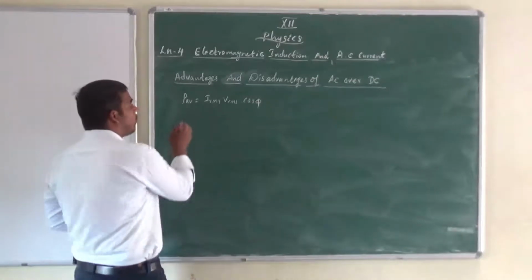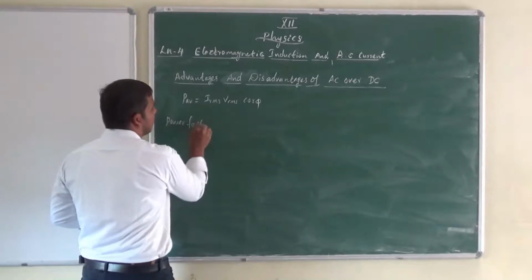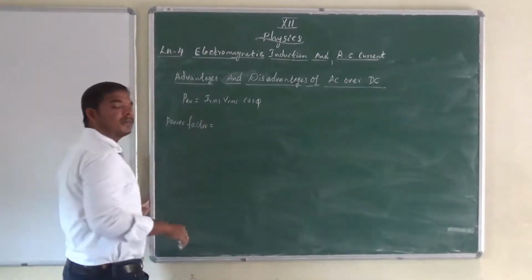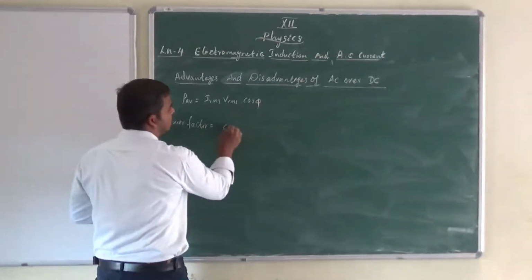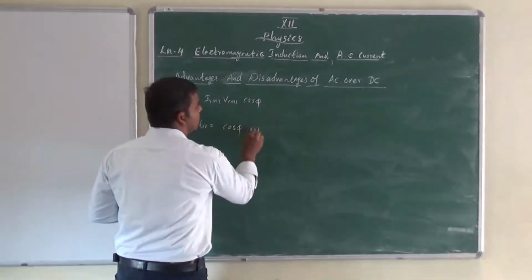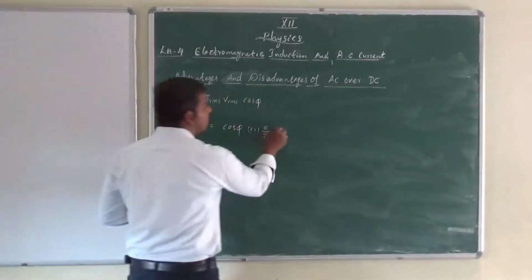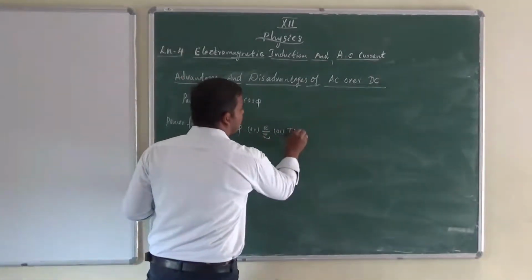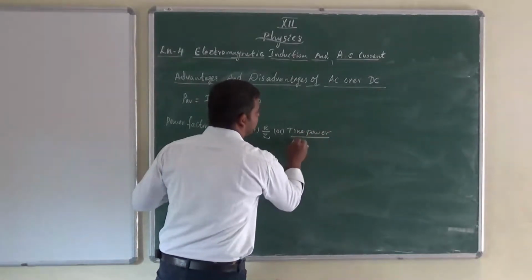Next, power factor. In many ways we can write the power factor: cos phi, or R by Z, or true power by apparent power.